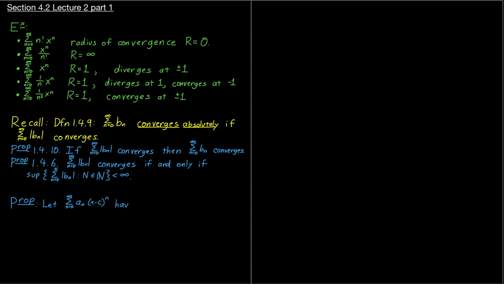And let's say it has radius of convergence R. And then if |x - c| < R, then our power series, now by definition of radius of convergence, we have that this converges, but we can do better than that.